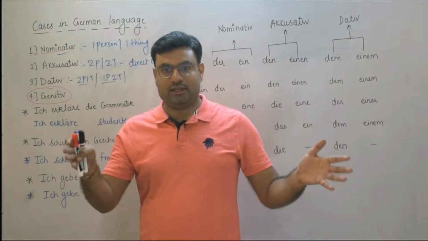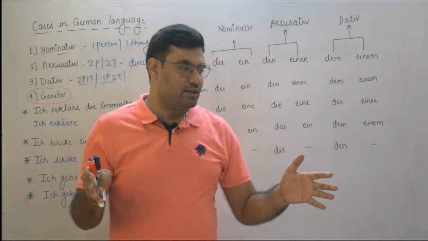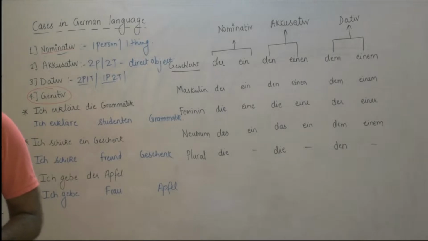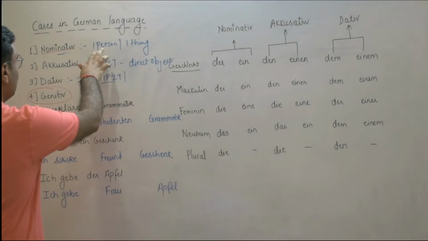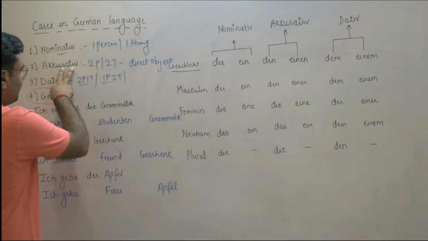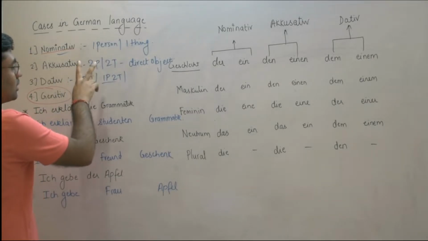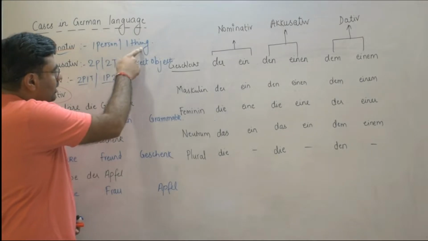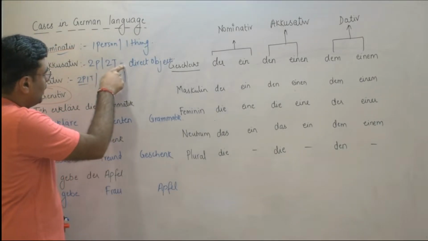When we have these three things, they come under the dative case. In the nominative case, one person or one thing is there. In the accusative case, two persons or two things, one person or one thing, two persons or two things.